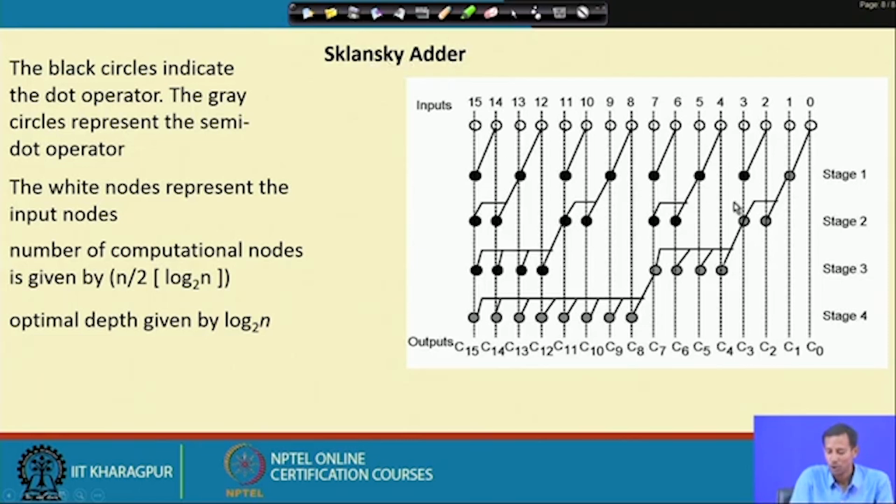Okay. So, here these represent the input nodes, and these black boxes represent the dot operator. The dot operator we have already seen: G and K, P for method 1 and G and K for method 2. Okay. So, these are the dot operators and these are the semi dot operators. Okay.